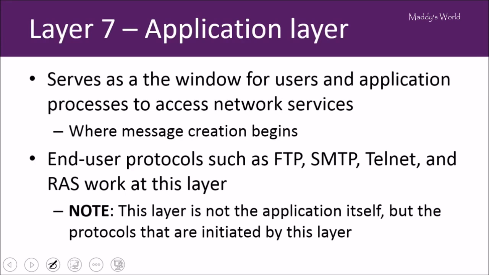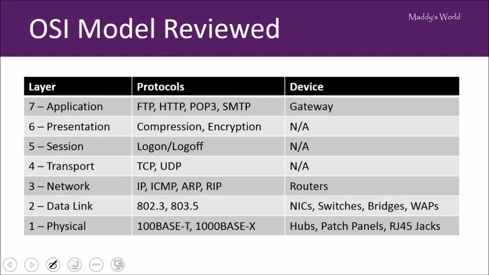A few of them are FTP, SMTP, Telnet, and also RAS. So, just a quick review of the OSI model here. You've got 7 layers, some of the key protocols that are featured at each of the layers, and also the different types of devices that are used at each layer.